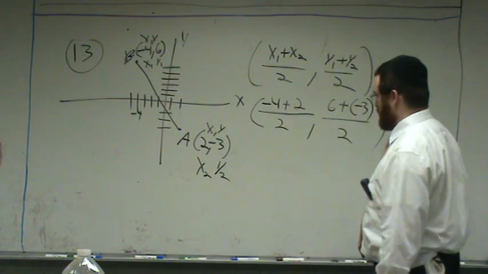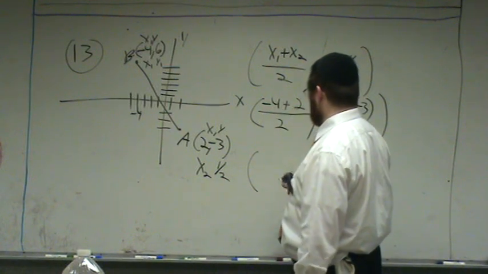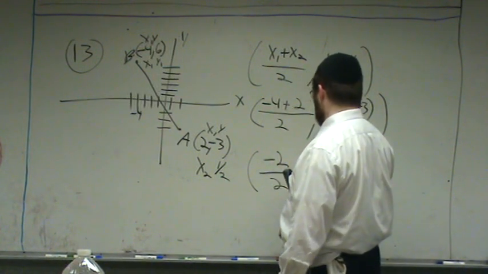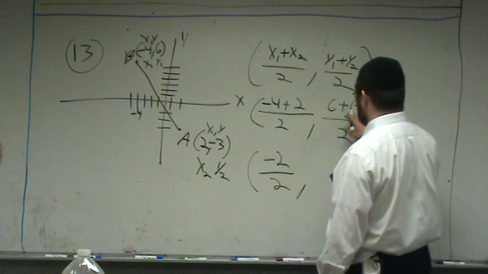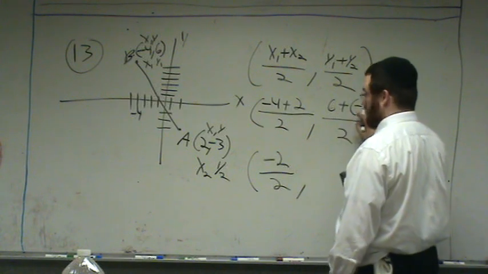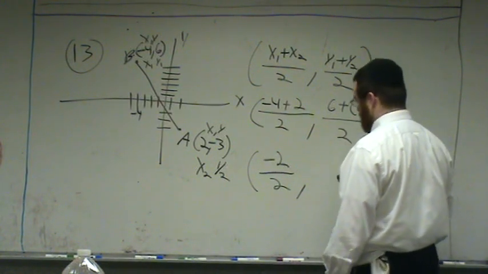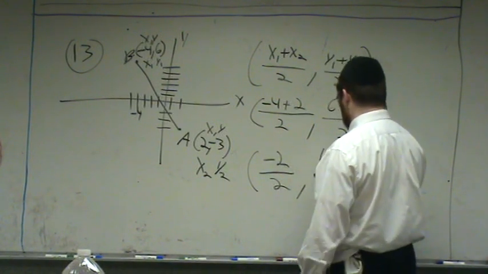So let's work this out. Negative 4 plus 2 is equal to negative 2 over 2, which is for the x, and the y is 6 plus negative 3, which is 6 minus 3, is positive 3 over 2. 3 divided by 2 is 1 and a half, or 1.5.